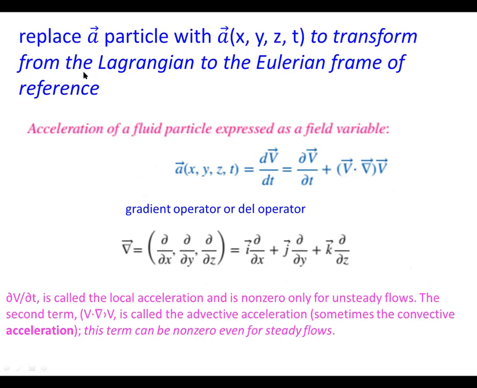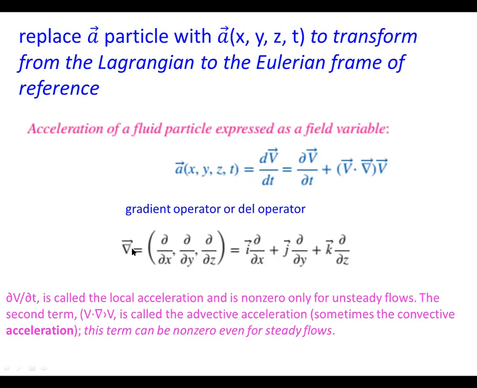The same thing is represented as dou v vector by dou t plus v vector dot del operator into v vector. The gradient or del operator is represented by i vector dou by dou x plus j vector dou by dou y plus k vector dou by dou z.